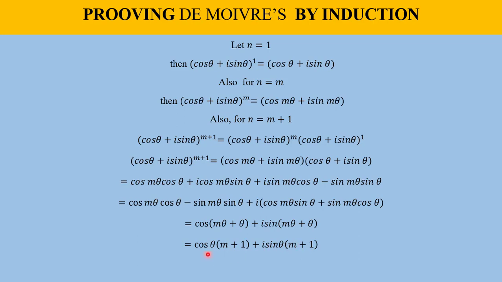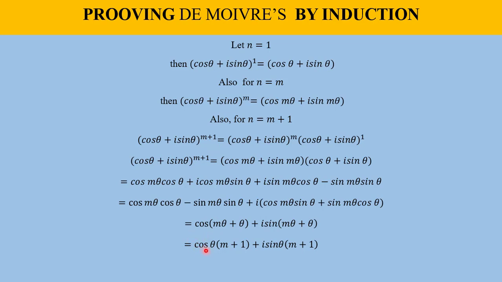So we shall find that when you look at these three cases, the first case where n is equal to 1, the second case where n is equal to m, and the third case where n is equal to m plus 1, they satisfy the Moivre's theorem.